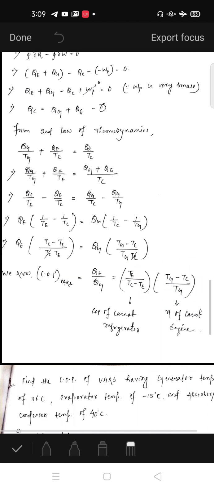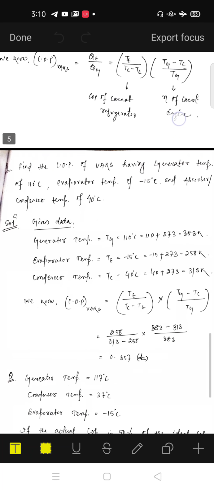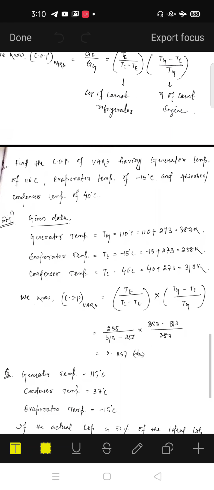So let's solve one numerical. Okay, so the question says find the COP of VARS having generator temperature 110 degrees centigrade, evaporator temperature minus 15 and absorber or condenser temperature 40 degrees centigrade. It is very simple. TG is given 110, just convert into Kelvin by adding 273.